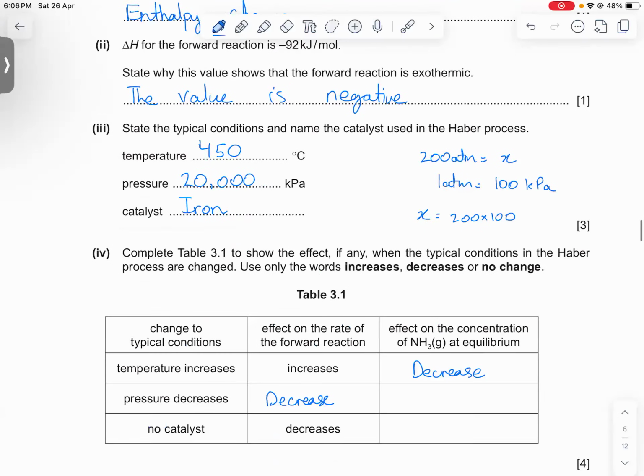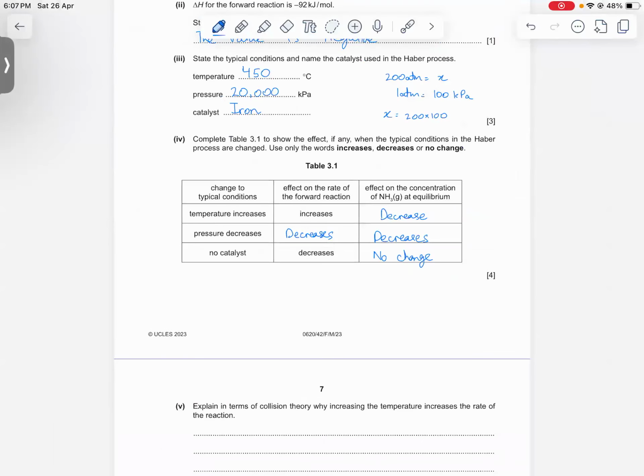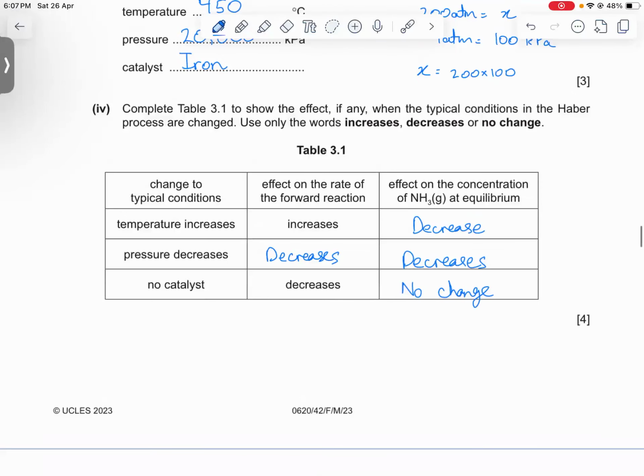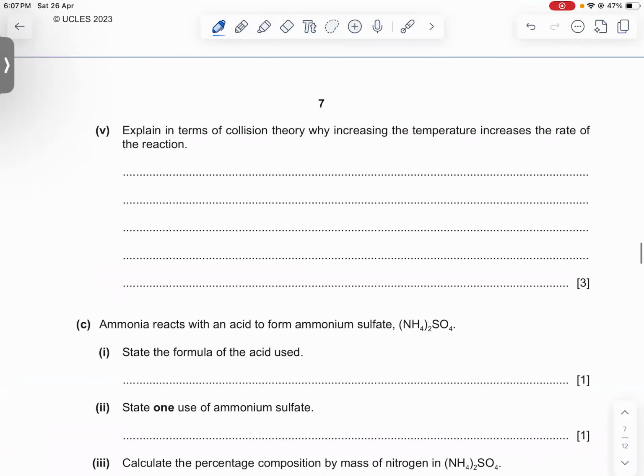So which means that this decreases. When we don't have a catalyst, what happens? No change happens, because when you add or remove a catalyst, only the rate of reaction is affected, but not the position of equilibrium, which means that concentration should not change.